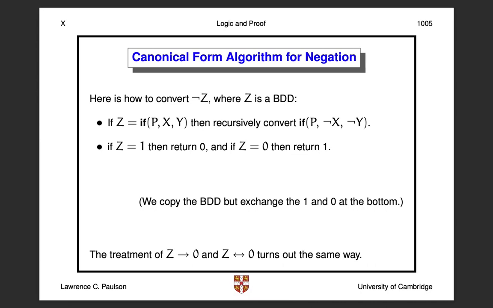Well, a naive student might say simply exchange X and Y, but that is wrong. If you do that, what you're actually doing is negating simply P in the formula. You're not negating the formula itself. The correct way to treat it is to recursively apply the negation algorithm to X and to Y.